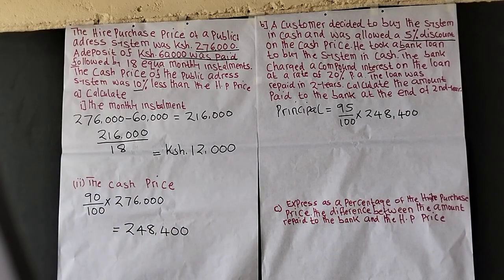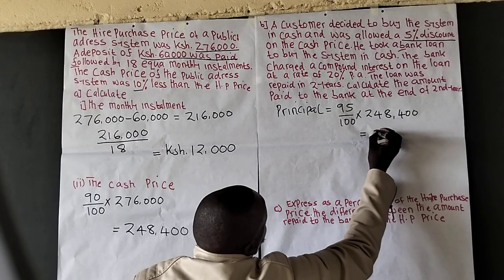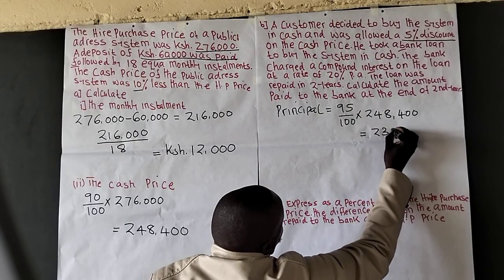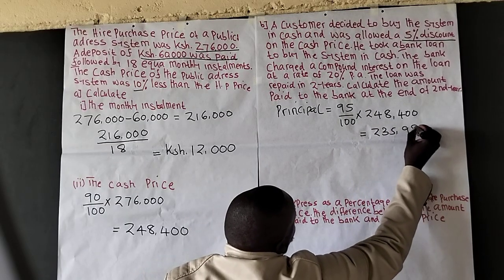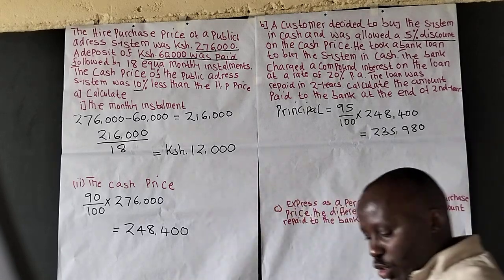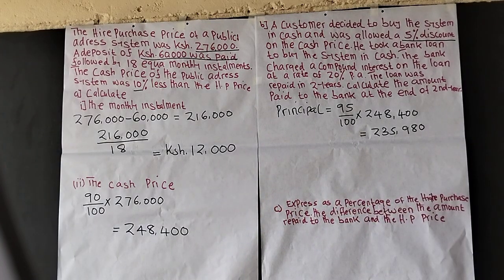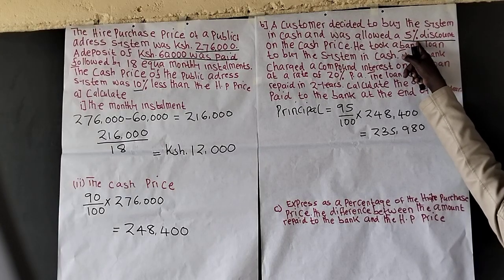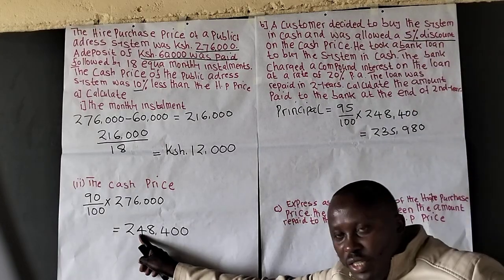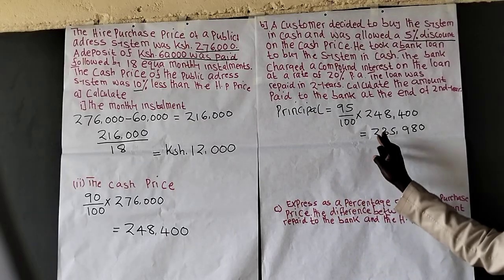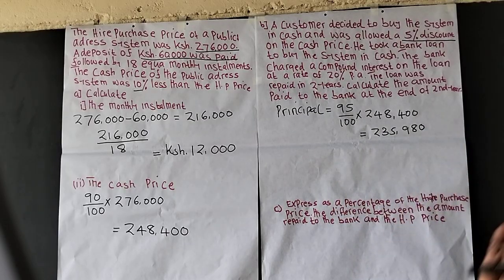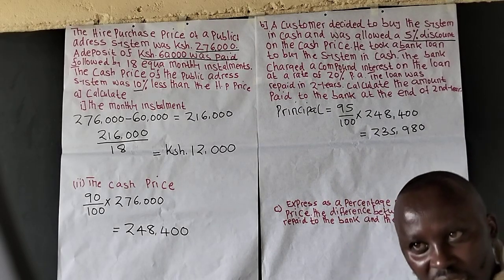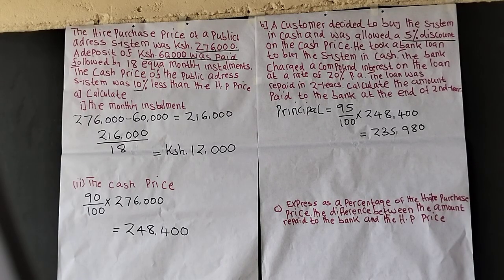You get that he will pay an amount equivalent to 235,980. So if a customer uses the cash price option, after getting a discount of 5% from 248,400, he or she will pay 235,980.